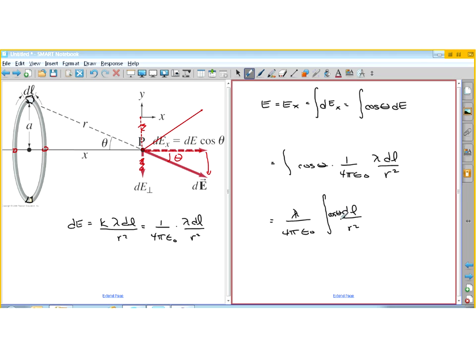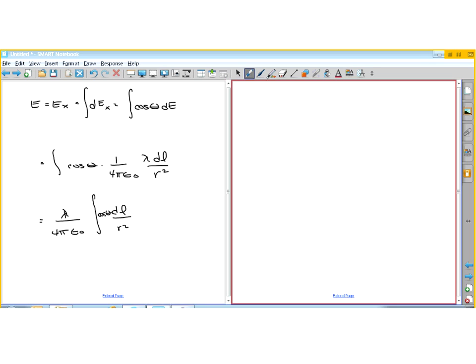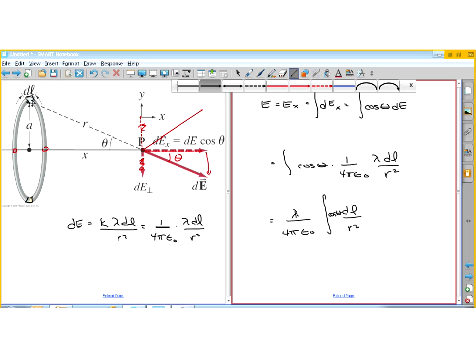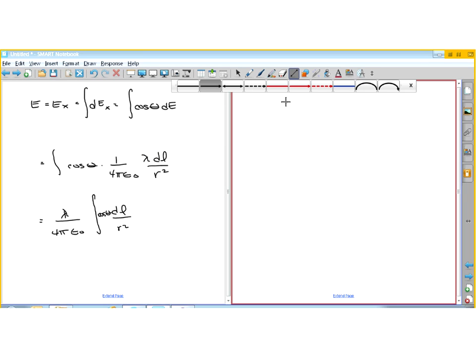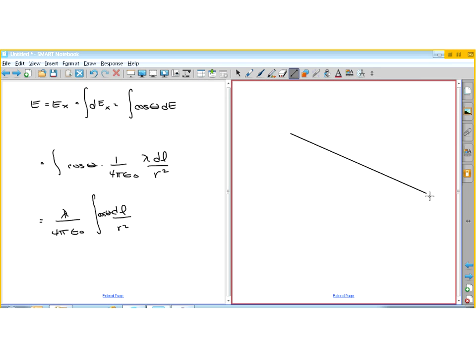So both of these we can put in terms of x. It's just a matter of looking at this triangle. So let's add a page and just draw this thing out. This distance is the r distance, this is the x distance, this is the a distance. So we have this right triangle.